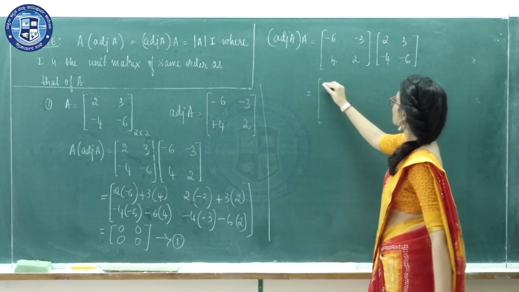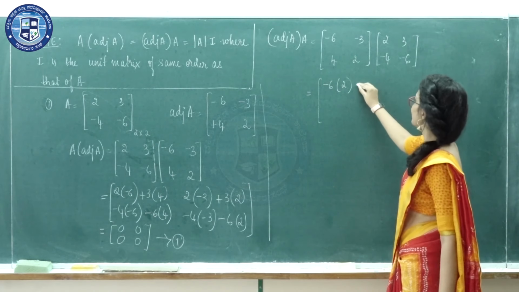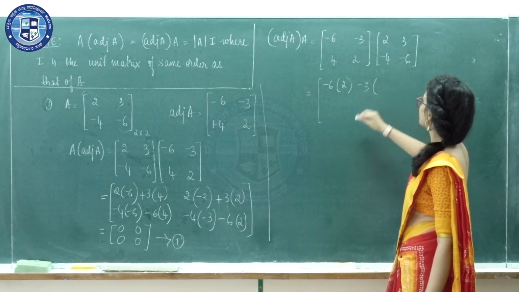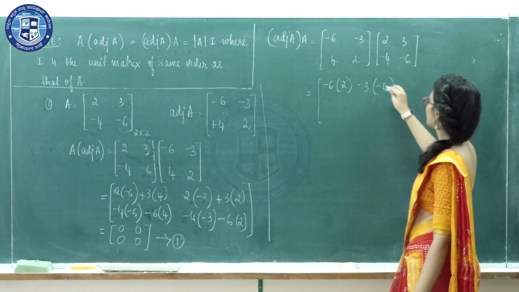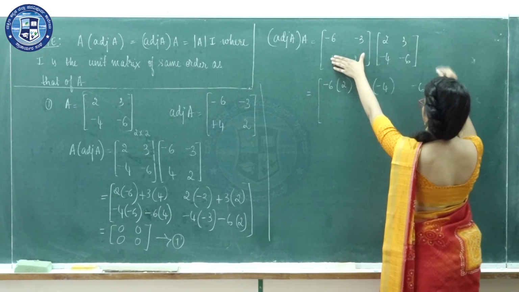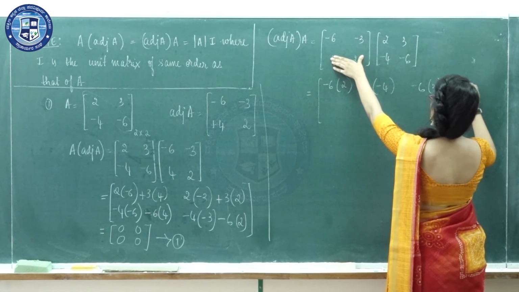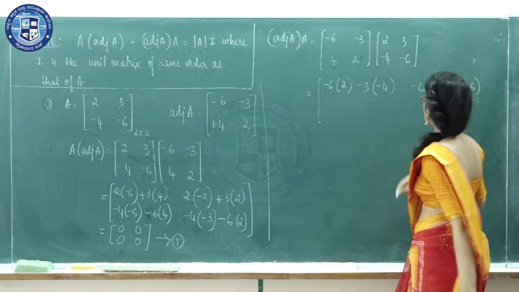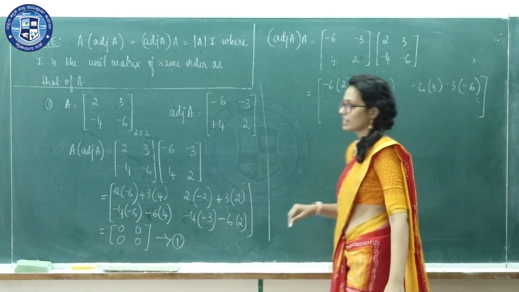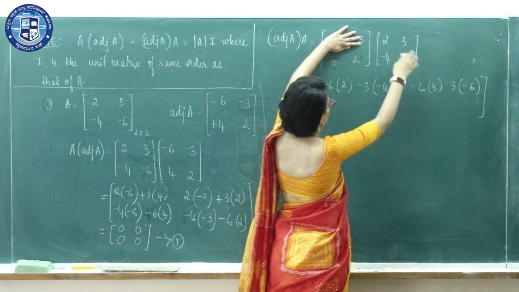We get minus 6 into 2, minus 3 into minus 4, next term minus 6 into 3, minus 3 into minus 6.